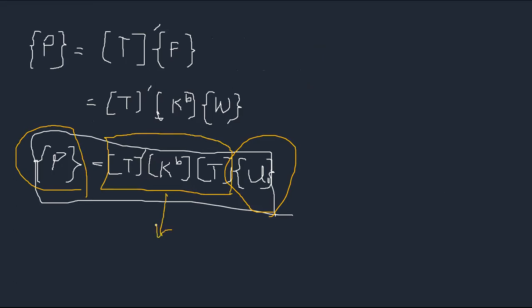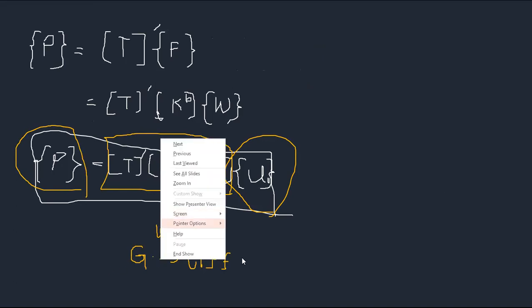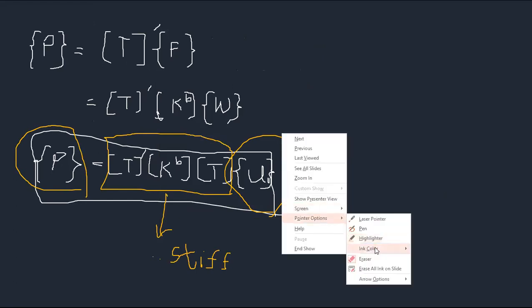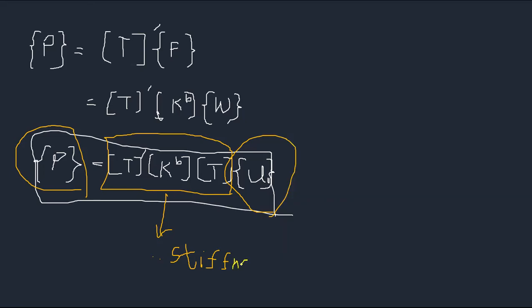So this is the global stiffness, the stiffness matrix in the global coordinate system for an element.